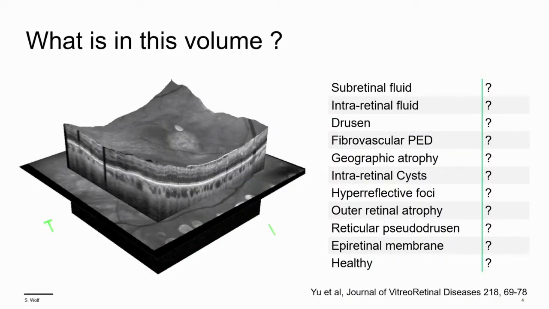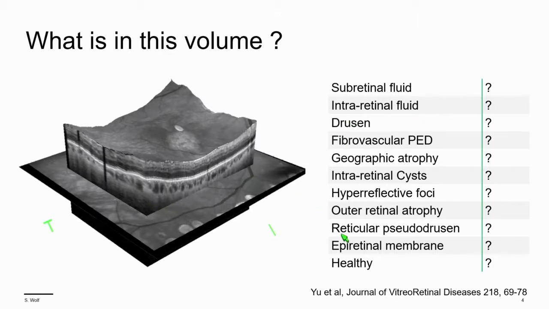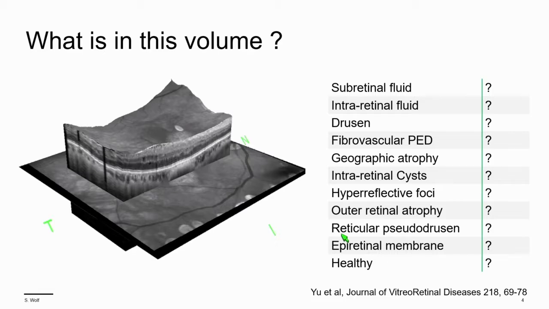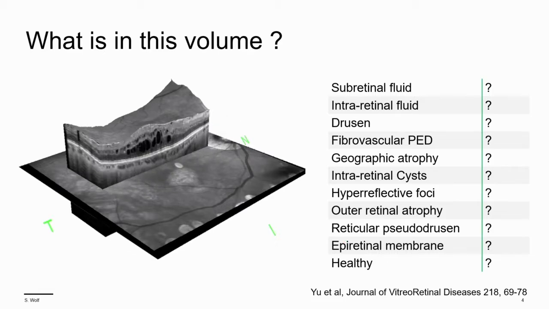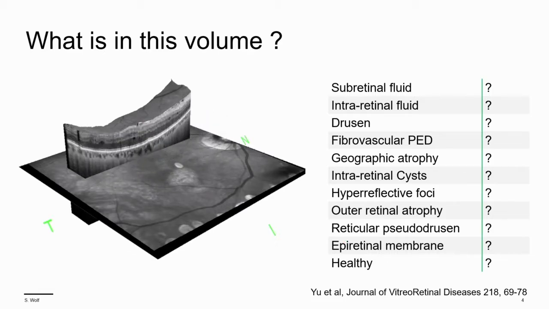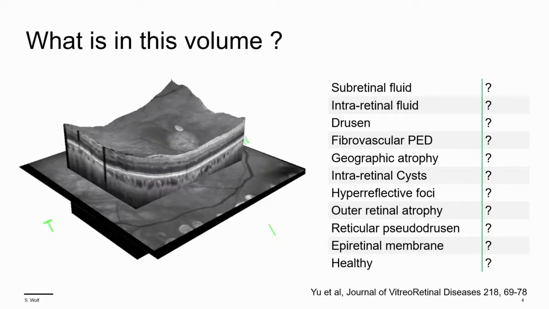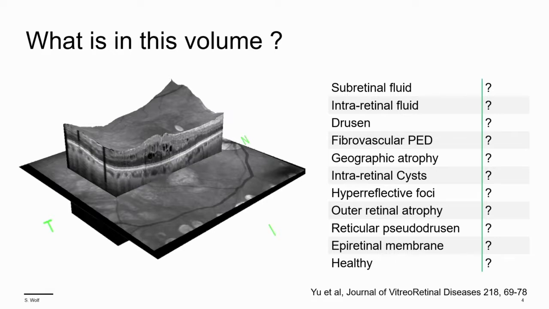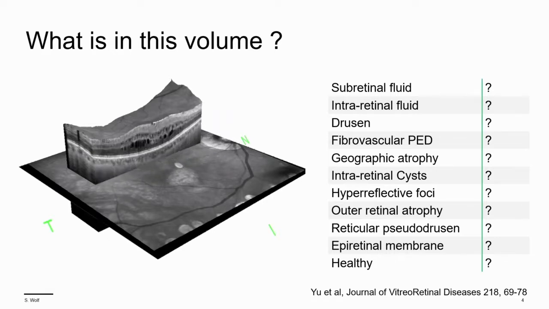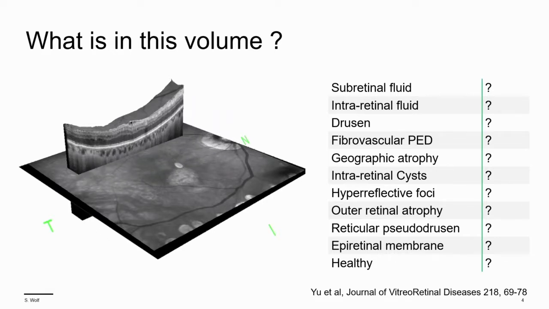We were aiming to identify different biomarkers from OCT volume scans like this one, and we identified a number of different biomarkers like subretinal fluid, intraretinal fluid, drusen, geographic atrophy, and others.